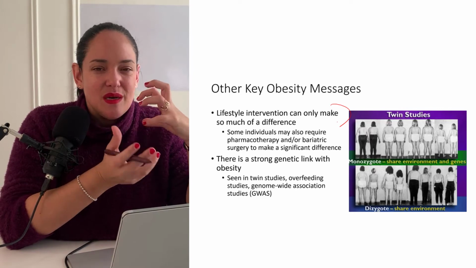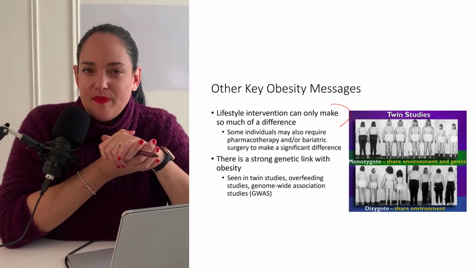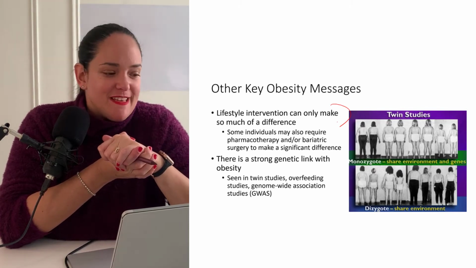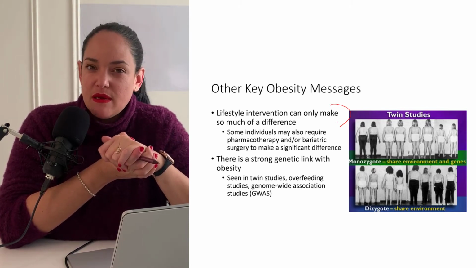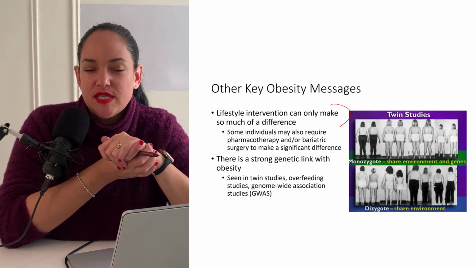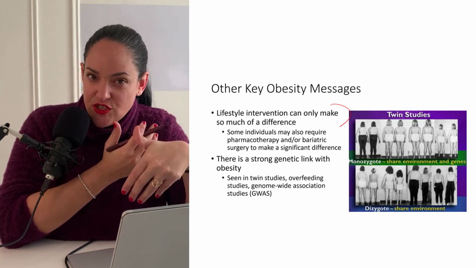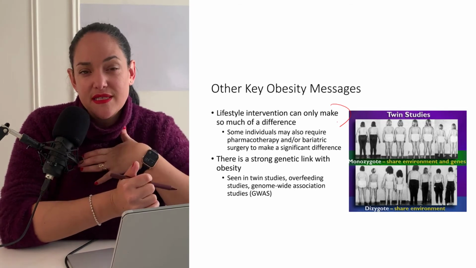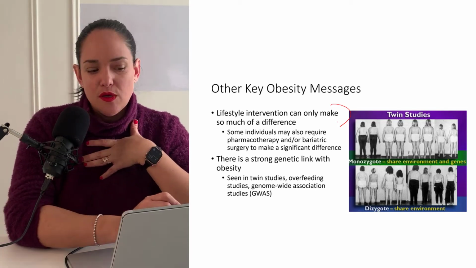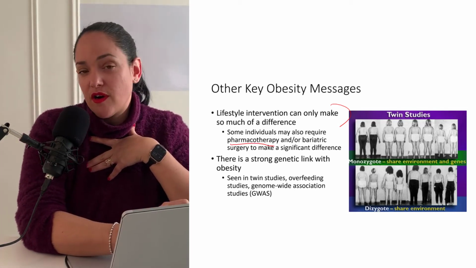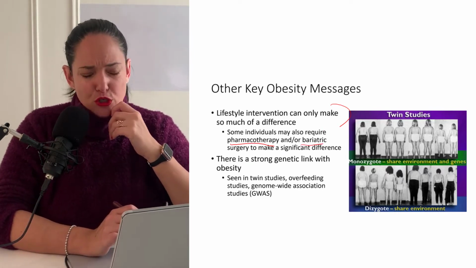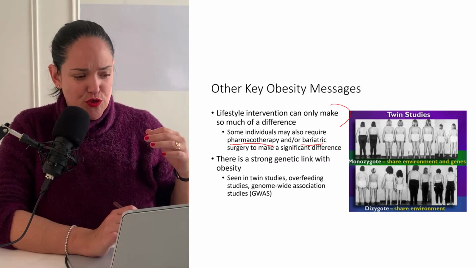But we can work with someone to figure out what's going to work best for them. However, it's important to realize that lifestyle intervention isn't enough for some people. Some individuals need more significant interventions in order to make a difference in their size and in their quality of life too. So some individuals may also need pharmacotherapy, or they might need bariatric strategies as well, like bariatric surgery. Okay.